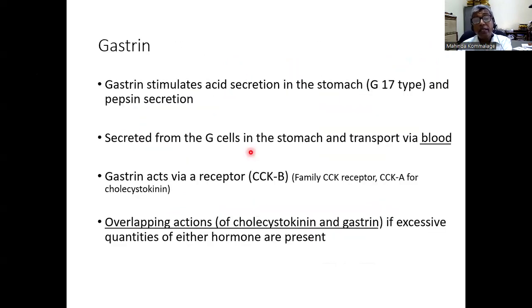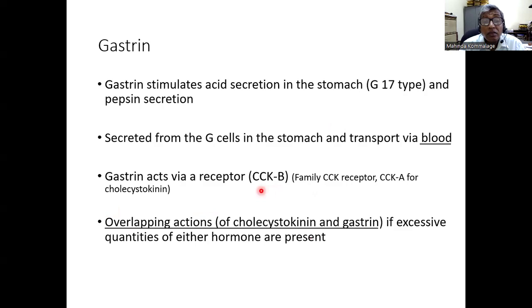Right. So a little bit about gastrin, as I mentioned earlier. Gastrin is a hormone. Acid secretion is stimulated by gastrin, secreted from G cells and transported via blood. And gastrin acts via the CCK-B receptor. Actually, it's very interesting why we call it a CCK receptor. CCK, cholecystokinin, is another hormone important for pancreatic and gallbladder function.